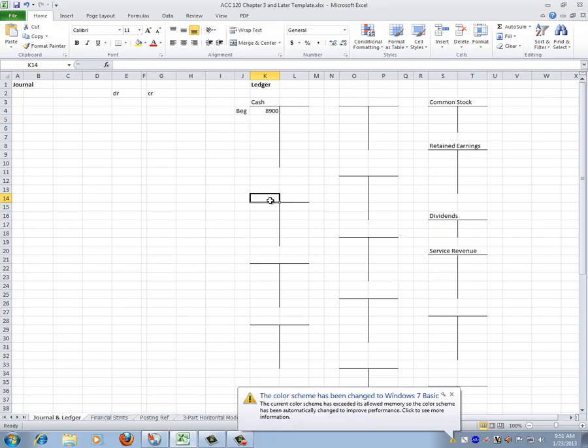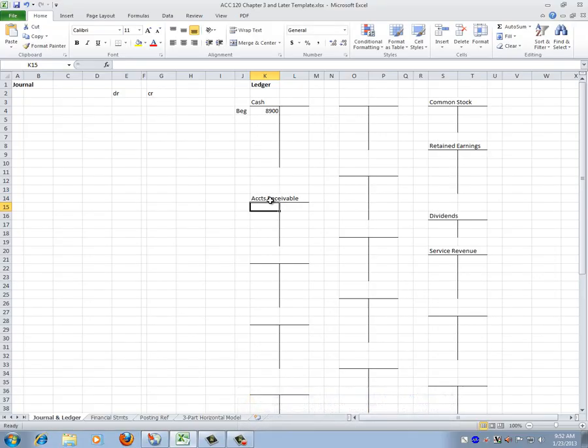For accounts receivable, let's create that account in our ledger, the ledger being the collection of all our accounts, complete with all period to date activity in each. That's another asset, so that's going to be a left side called debit balance.